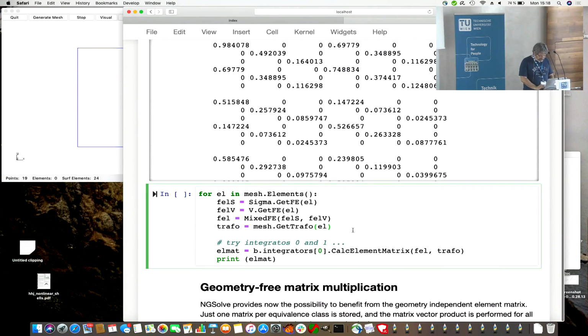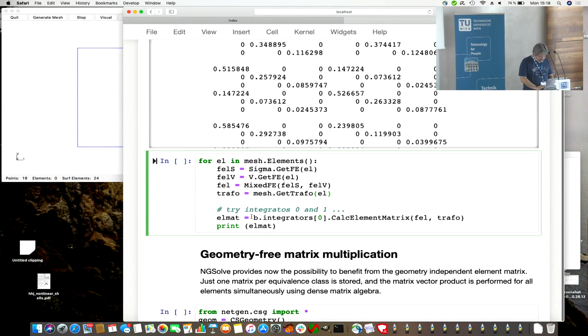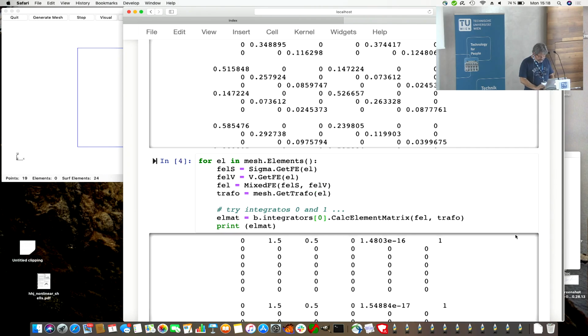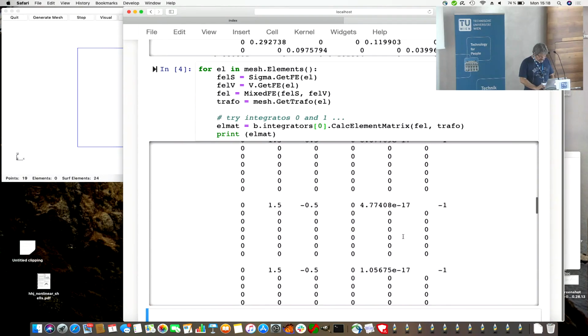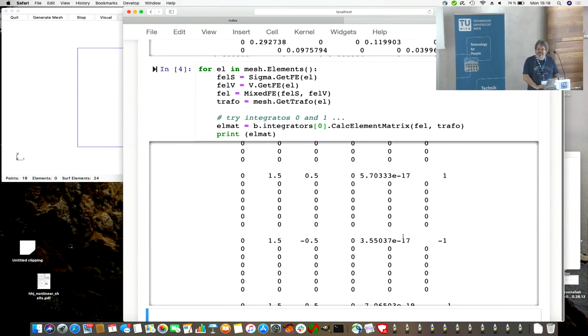If you do the same for the integrals of the B bilinear form, so the integral div sigma times v, with an element from the first space and from the second space, building a mixed finite element space with trial and test. Ask the integrator for the element matrix here. What we see here is that all element matrices are the same.